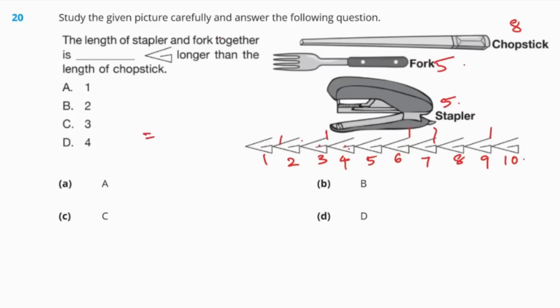So the length of the stapler and fork together, 5 plus 5, which is equal to 10, is dash longer than the length of the chopstick. The length of the chopstick is 8. So 10 minus 8 is 2. So the correct option is option B, that is 2 pins longer than the length of the chopstick.